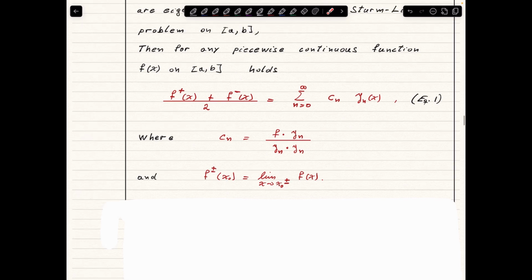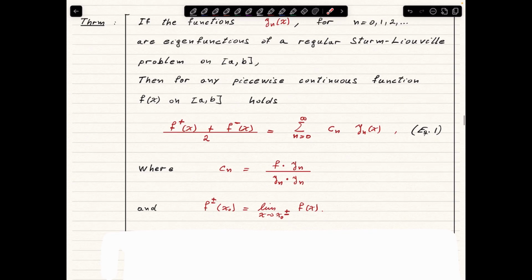Okay, this is what the theorem is saying, that we can always write the values when the function is continuous. We can expand the function in terms of eigenfunctions, and in the points where it's not continuous, this expression is going to give us the average of the side limits when we choose these coefficients to put there.